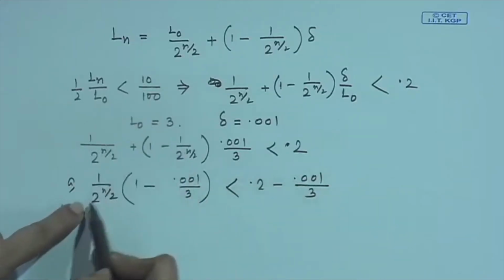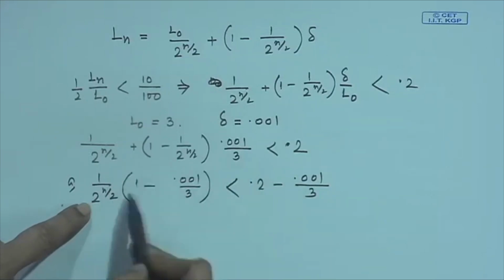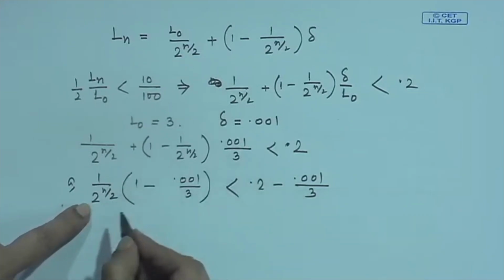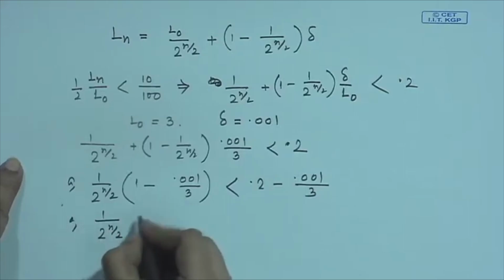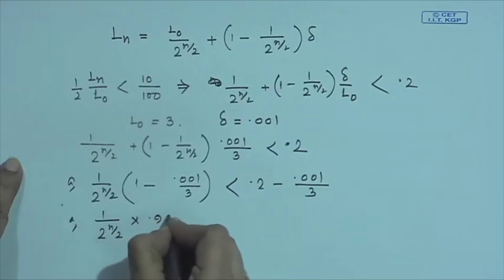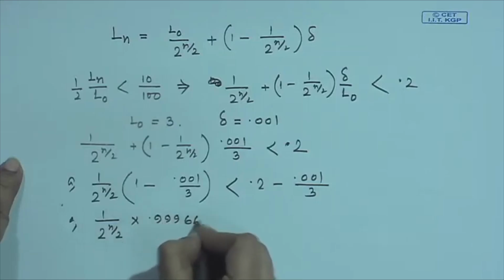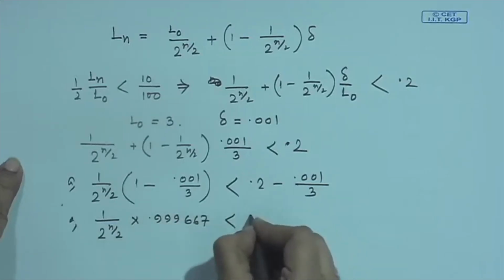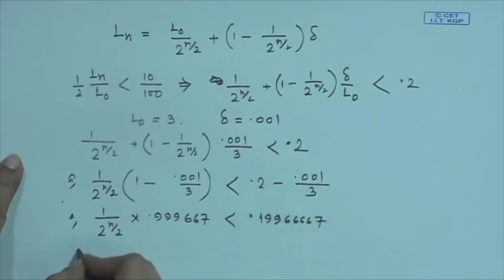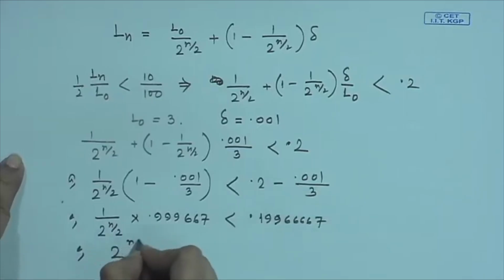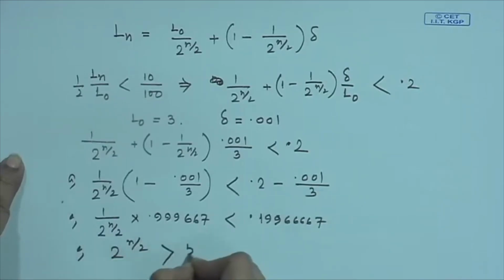Because I have taken 1 by 2 to the power n by 2 common and the rest goes to the other side. If I do the calculation, I will get 2 to the power n by 2 into 0.999667 less than 0.1996667, and from here we are getting 2 to the power n by 2 is greater than 5.000678.